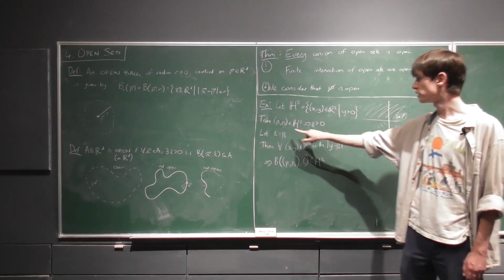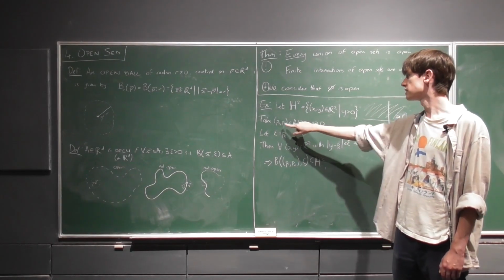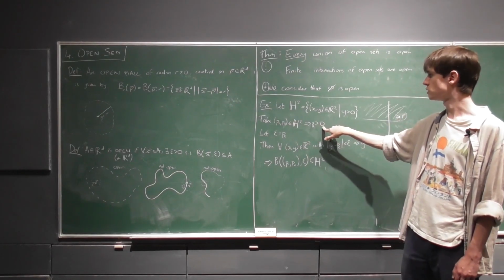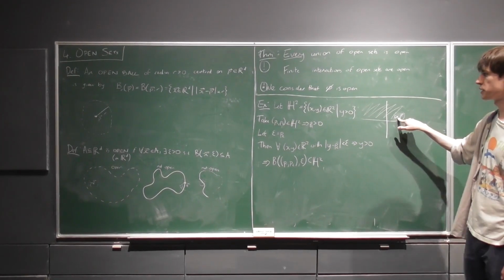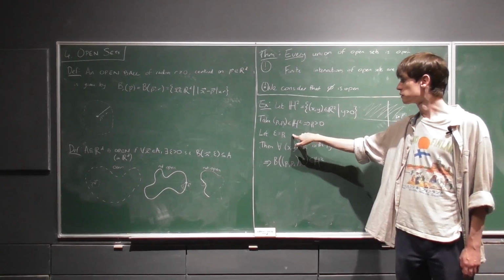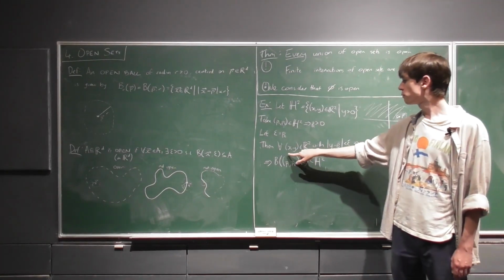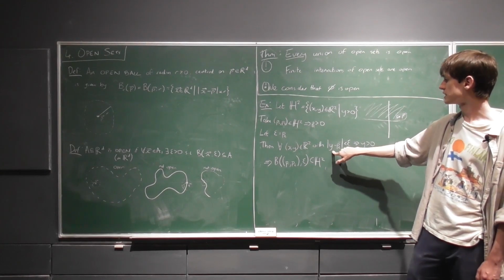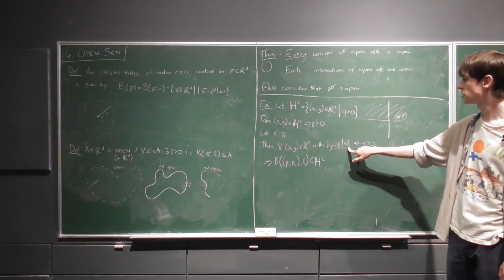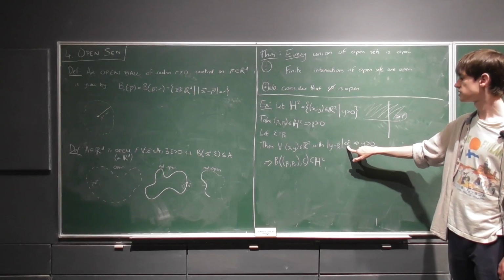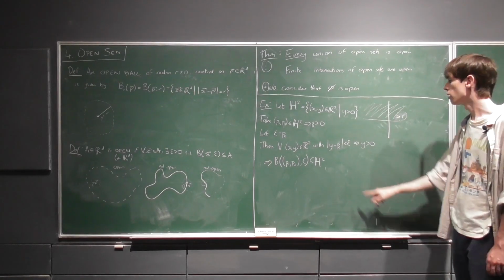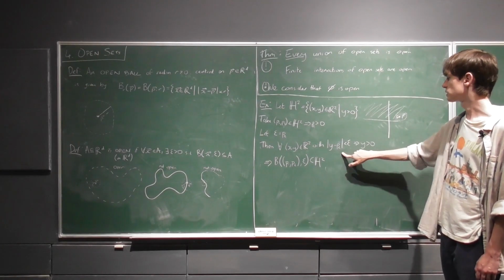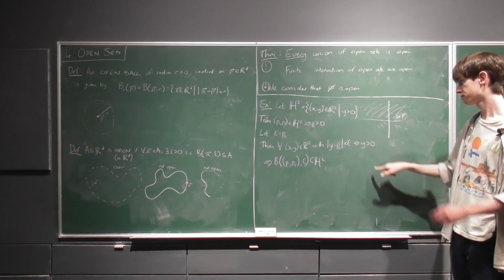If we take any point in the upper half plane, that means its second component, P2, is positive. There's this point P here. So we can just set epsilon to be equal to that P2. Then for any point in R^2 which has its y component lying within an epsilon of that point P2, well, epsilon is just P2, so this is equivalent to saying that y is just positive.